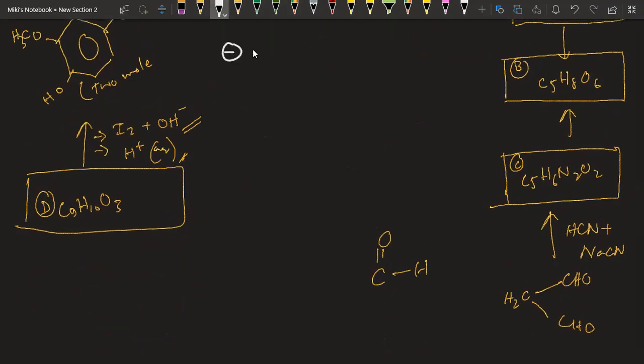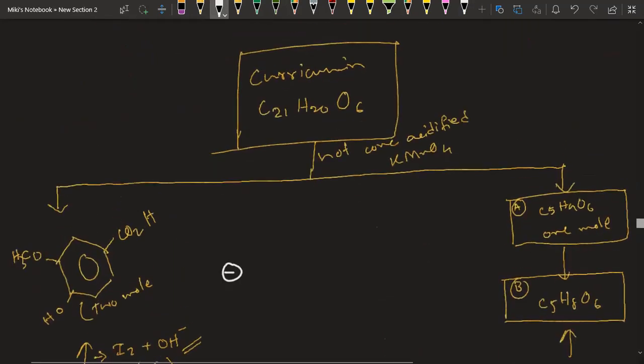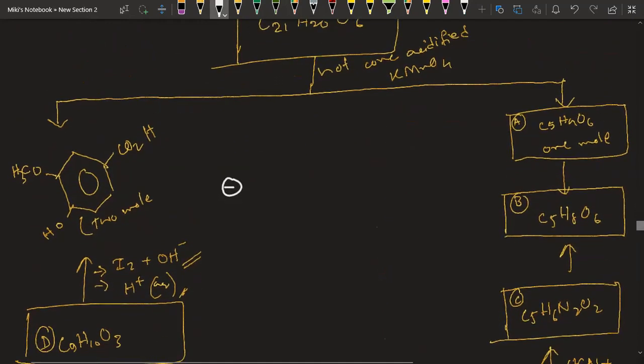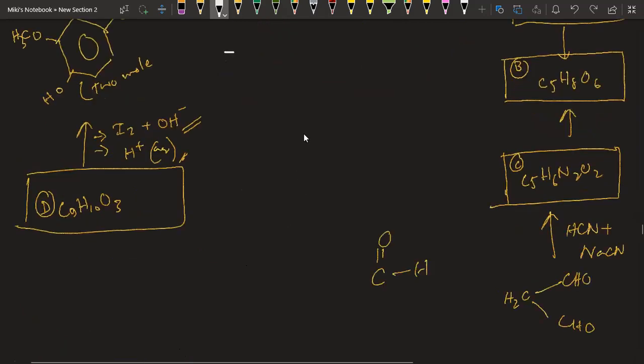At first, it is being said that the curcumin, then this molecule A and this molecule D, they all tend to react with 2,4-DNPH.